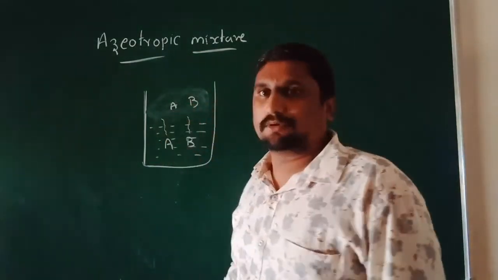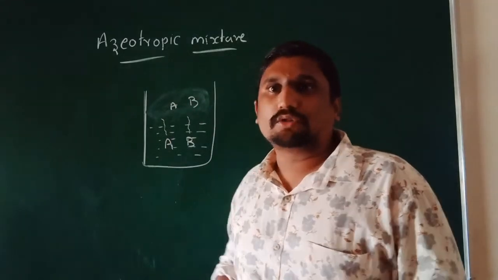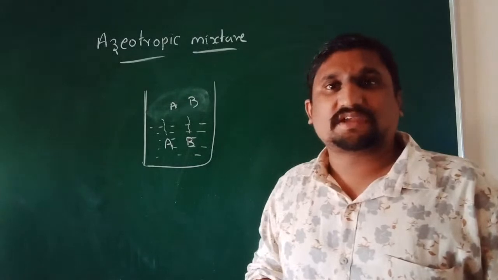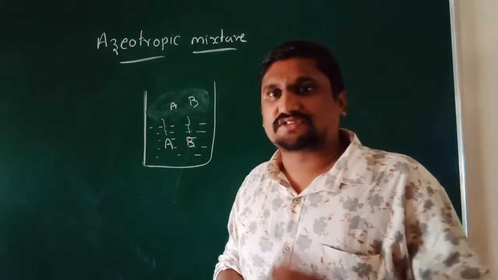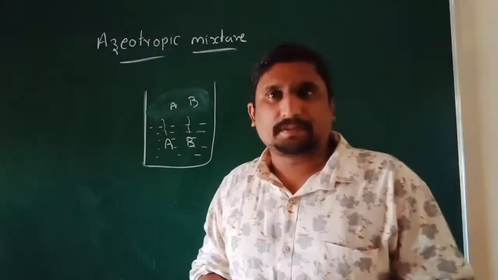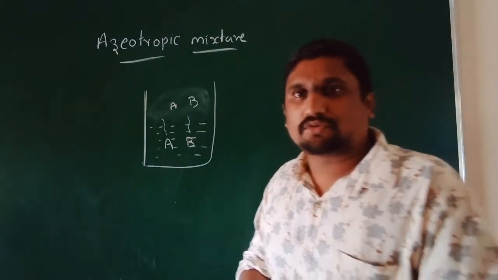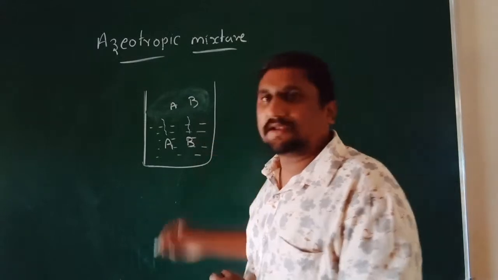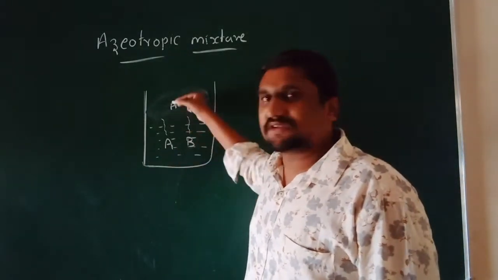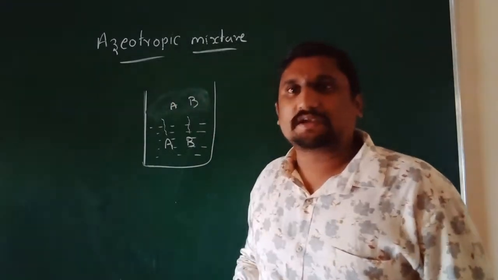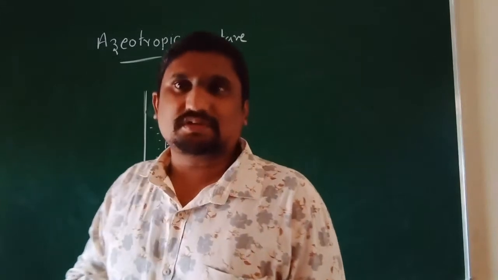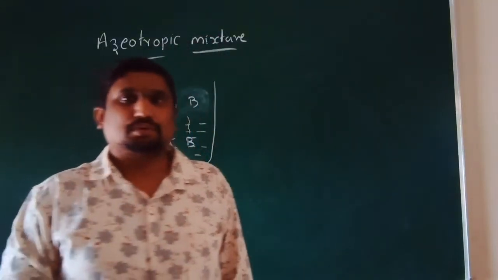So a binary liquid mixture having the same composition in liquid phase and vapor phase and boiling at a constant temperature is called an azeotropic mixture.